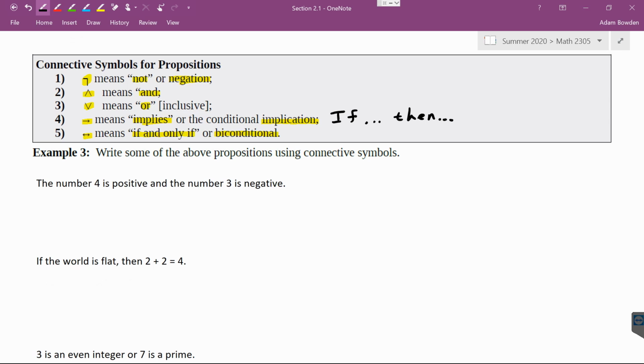So let's look at a few examples here where we're going to take these propositions and write them using the connective symbols we have. Now, in order to do this, we oftentimes take part of the proposition and let a letter stand in for that thing. So for this first one, I'm going to let the letter P stand in for the part of the proposition that says the number 4 is positive.